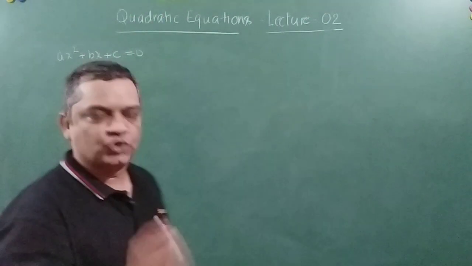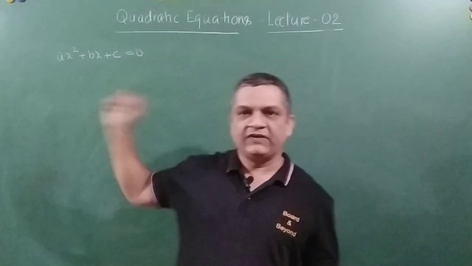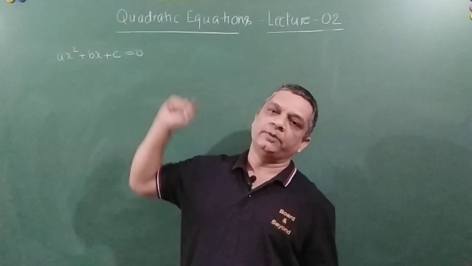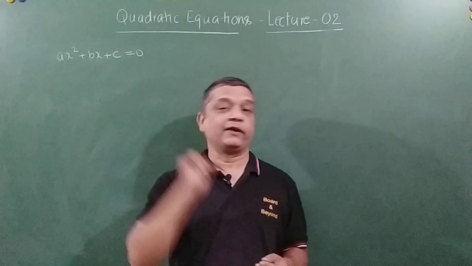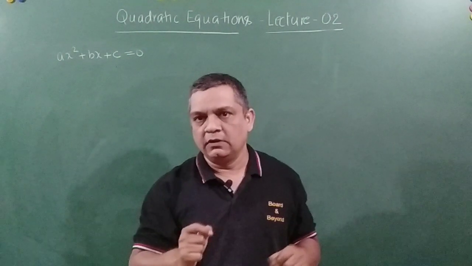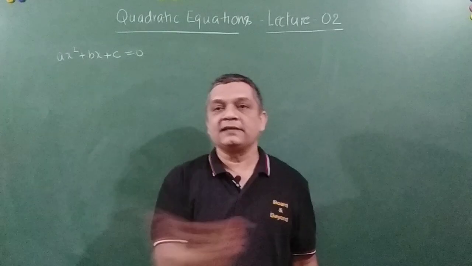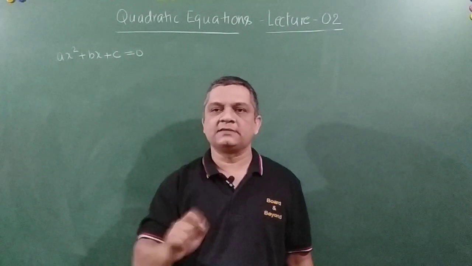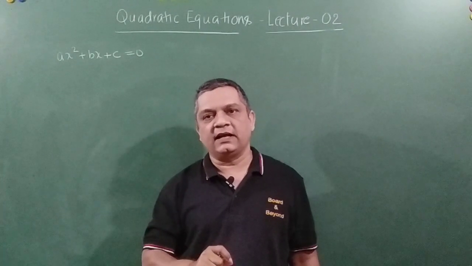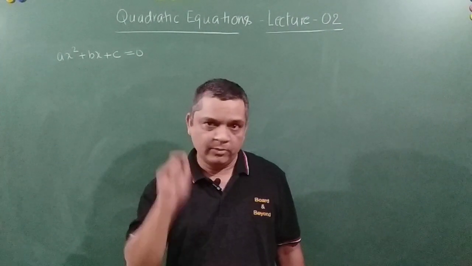Okay friends, so now since we have seen one problem on how we complete the square and find the solution for a quadratic equation, what we are going to do now is generalize this method of completing the square. This is important, friends, please pay attention to it.